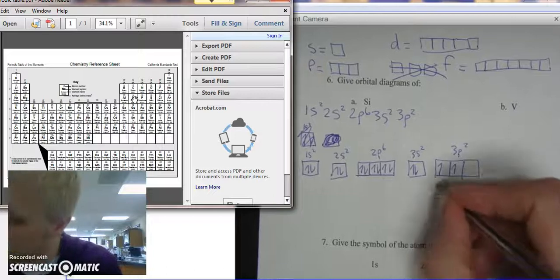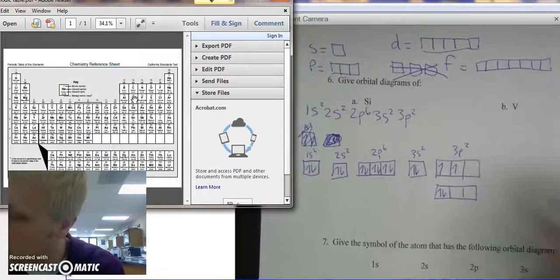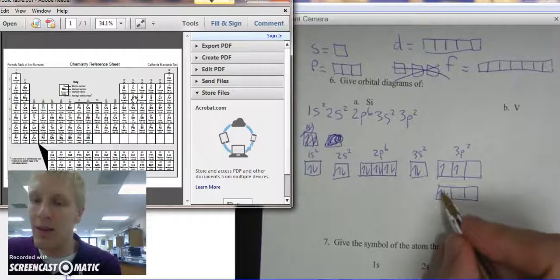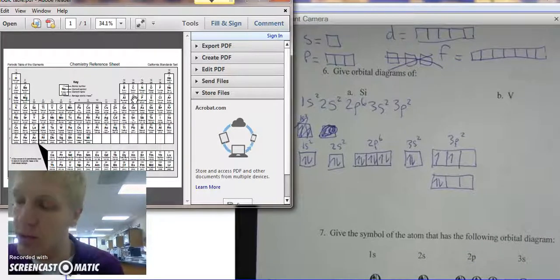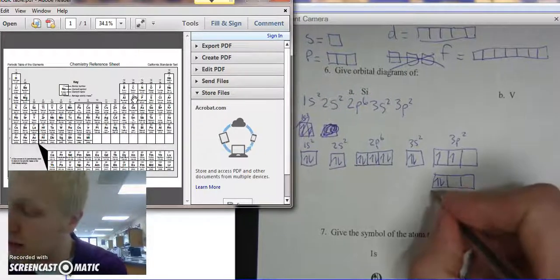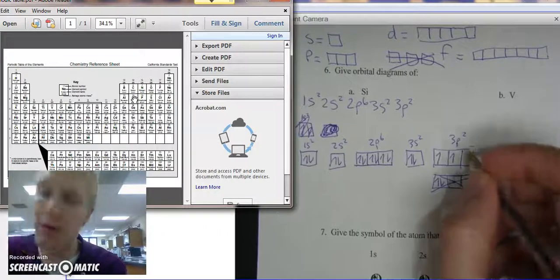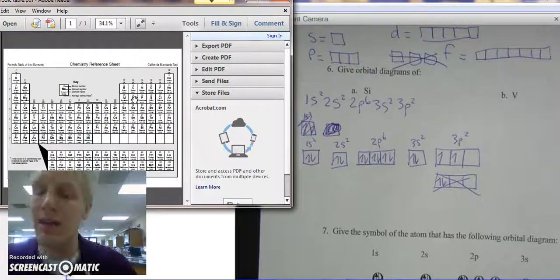Something that you would not do, that would be absolutely incorrect, would be having the 2 in the same box. It would require more energy for that to happen. We're assuming that this is at a low energy state, a ground state. So we have to follow Hund's rule, where each suborbital has to be filled with 1 before you can start filling them with a second. And that is the orbital filling diagram for silicon.